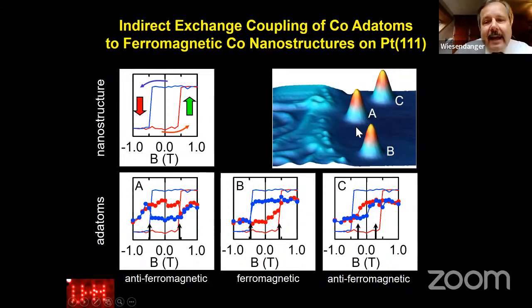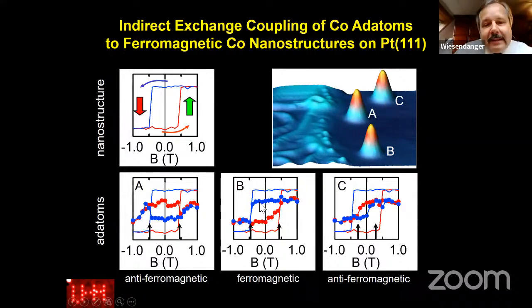And the surprise came that if we place the tip now above atoms A, B, C, you see that we also get an open hysteresis loop, which was unexpected, first of all. And you see even that the 2 branches of the hysteresis loop indicated in red and in blue are now different for the atoms A, B, and C, which are placed at different distances with respect to the cobalt stripe.